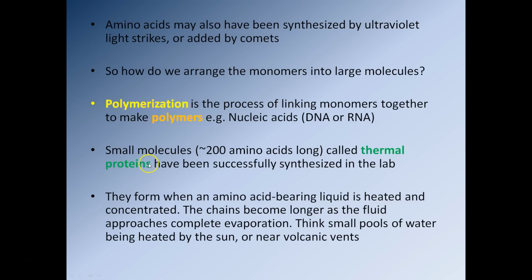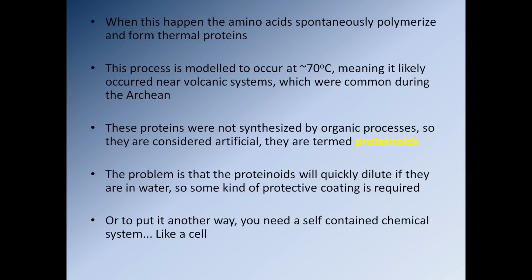So once again, this step from taking monomers and forming these polymers, these thermal proteins, is actually a relatively easy step. It's not too complicated to see how that could happen naturally. The process is modeled to occur at around 70 Celsius, meaning it's likely to have occurred near volcanic systems, which were very common during the Archean.